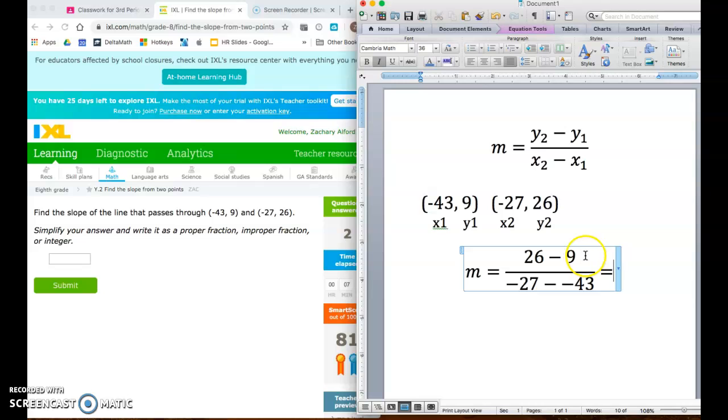So 26 minus 9, the top of the fraction, is 17. Okay, the bottom of the fraction, negative 27 minus negative 43.